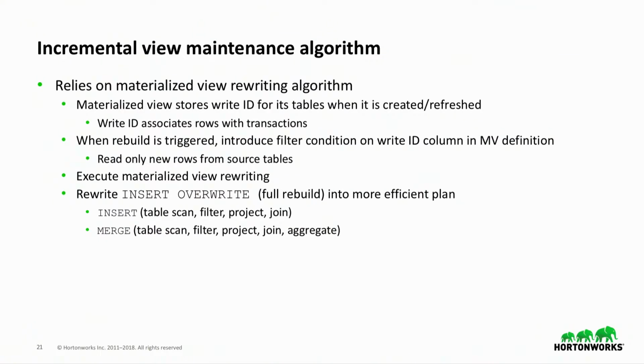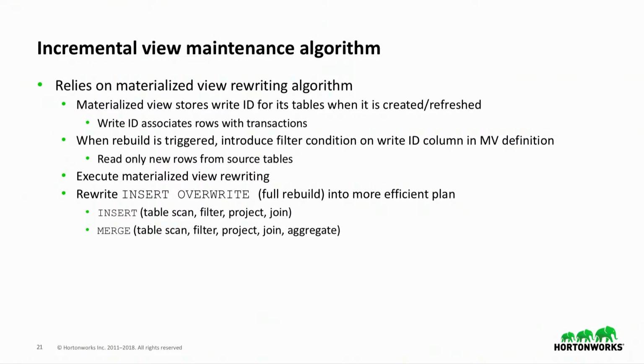So then when the rebuild is triggered, you can just insert filter conditions on top of these tables. And then you can trigger that, basically saying, okay, read only the new rows from the source tables because we have that information. And then you trigger the materialized view rewriting, and because we can check the containment, the rewriting itself will do the work for us.